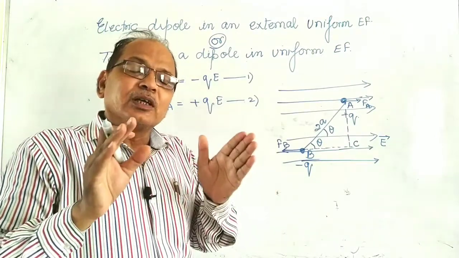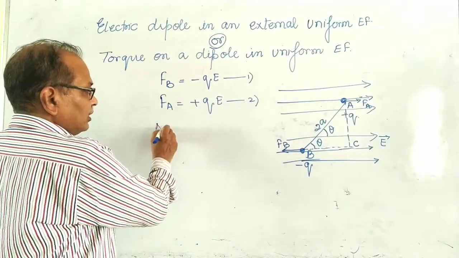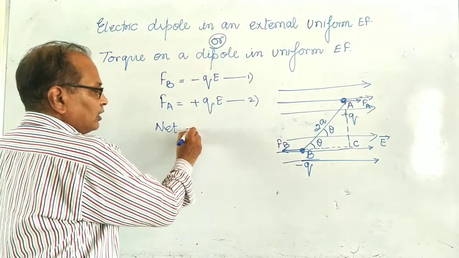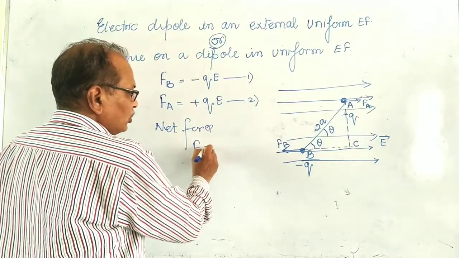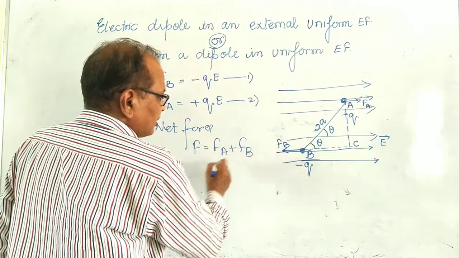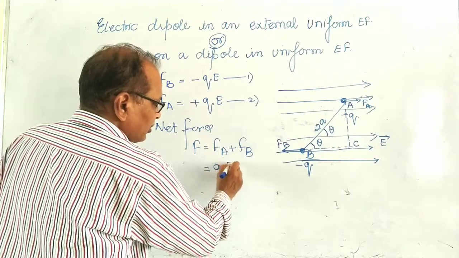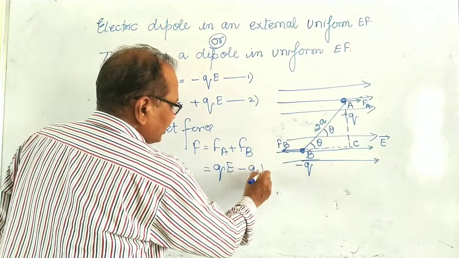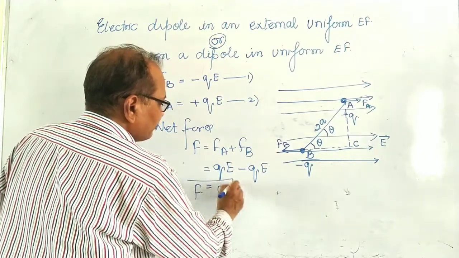Therefore, first of all, the net force F is equal to FA plus FB, that is plus QE minus QE, that is 0. Net force is 0.